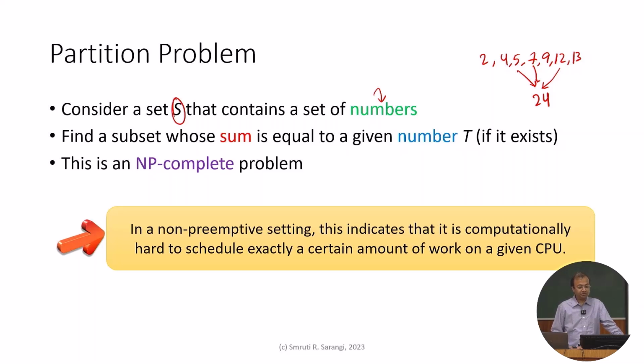This problem is also used to prove that a lot of the scheduling variants are NP-complete, both the bin packing problem as well as the partition problem. Partition is saying that I want the sum of the execution times of all the jobs to be, let's say, 302, which means I need to find enough jobs whose sum adds up to that.